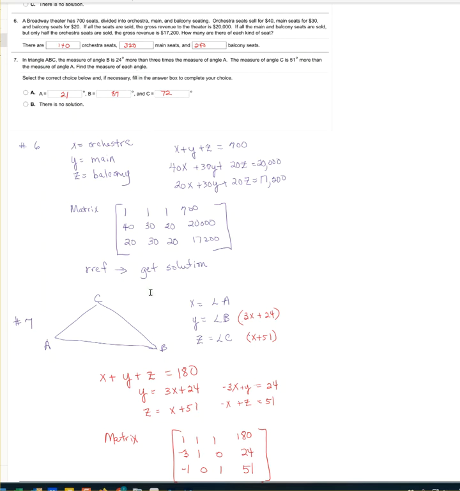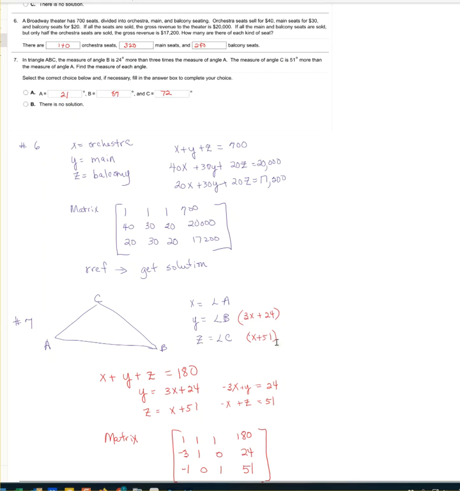Okay, so in a triangle, we know we have three angles, A, B, C, and two of them are in terms of angle A. So X is angle A, Y is angle B, Z is C. And Y, or angle B, is 3 times A plus 24, or we're going to say 3X plus 24. Z is 51 more than A, so that'd be X plus 51.